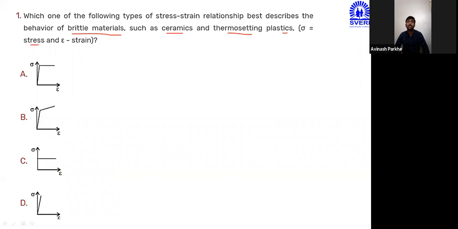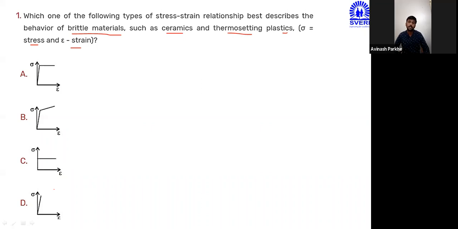Sigma is equal to stress and epsilon is equal to strain. Out of the following 4 diagrams, which stress strain curve is applicable for the brittle material? That we have to identify.